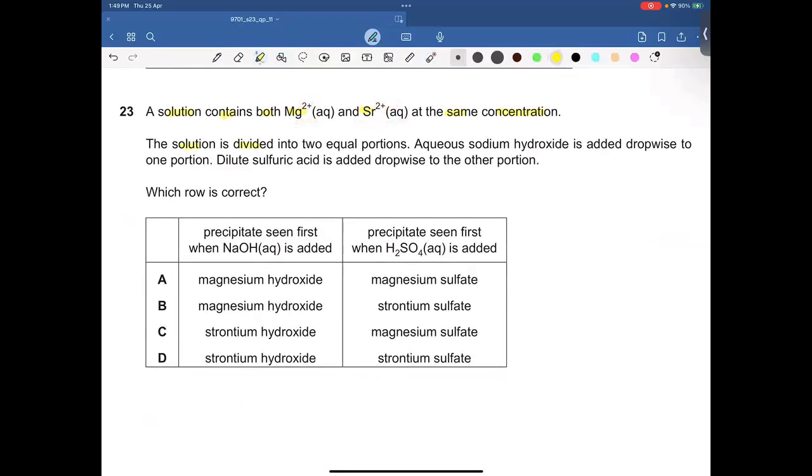The solution is divided into two equal portions. Aqueous sodium hydroxide is added dropwise to one portion. Then obviously white precipitates are formed. Dilute sulfuric acid is added dropwise to the other portion. Okay, which row is correct?